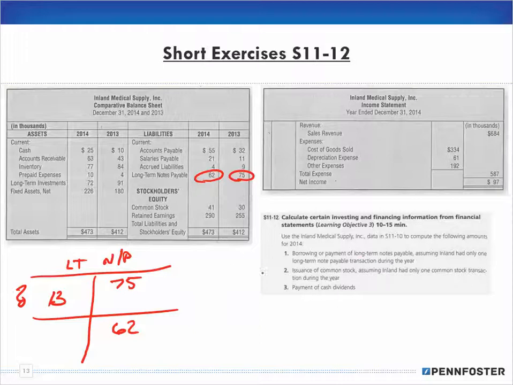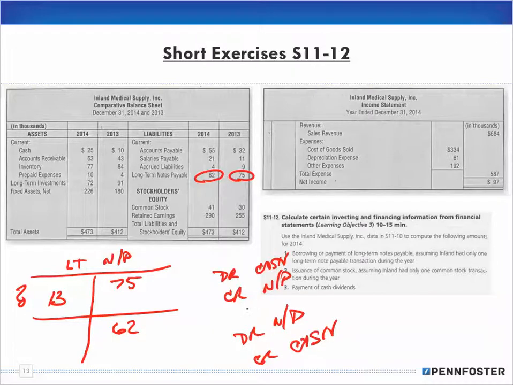The reason for this is because when we have a note payable, if you think about the transactions, you're going to debit the cash that you received, and you're going to credit your note payable. Now, when you go to pay it off, you're going to debit your note payable, and you're going to credit your cash. So the debit to note payable is that 13,000.